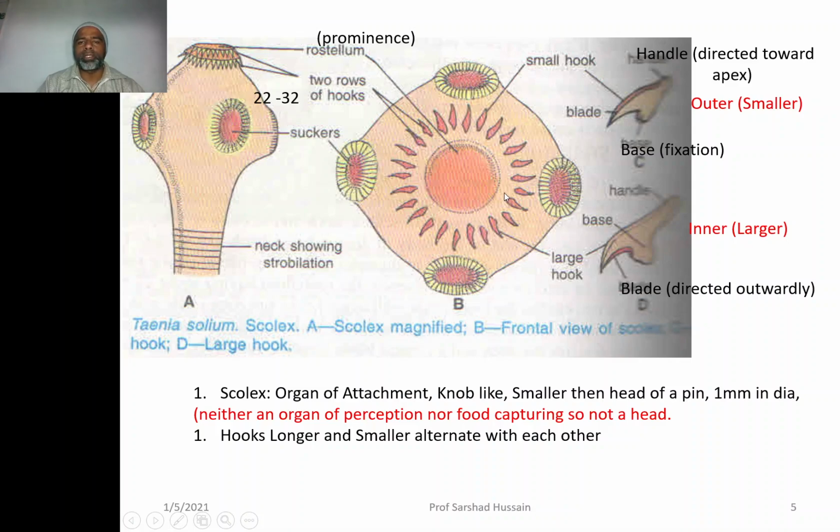The larger hooks are present on the inner side, whereas the smaller hooks are present on the outer side. If you look closely, you just see their handle is more inner, and the small ones are present at the outer side.